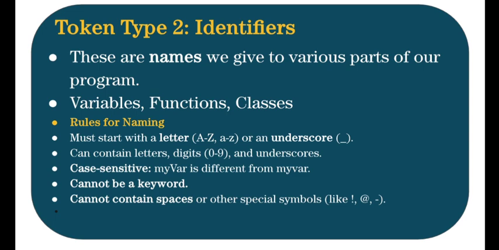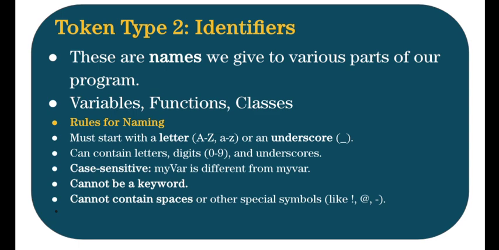Remember, Python cares about uppercase and lowercase, that is capital letter and small letter. For example, lowercase a equal to 10 is different from uppercase A equal to 10. Python sees them as different things.